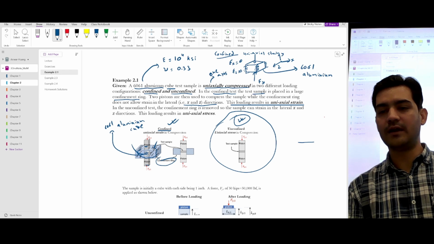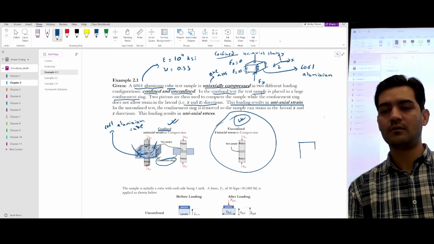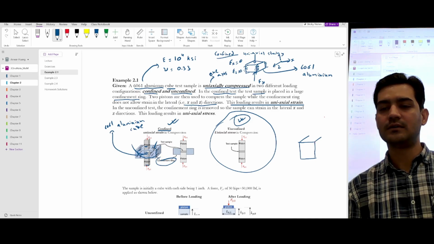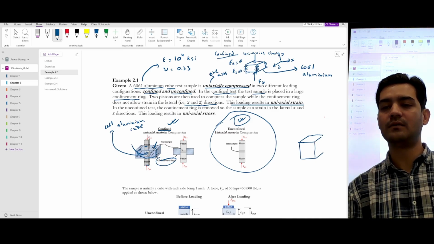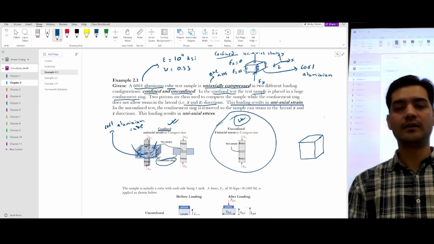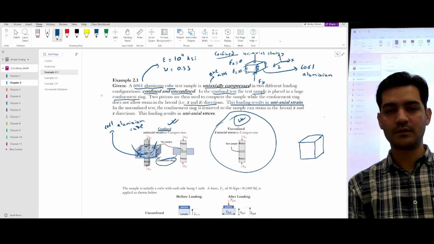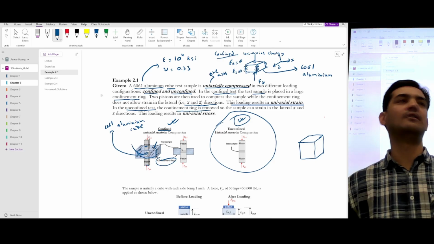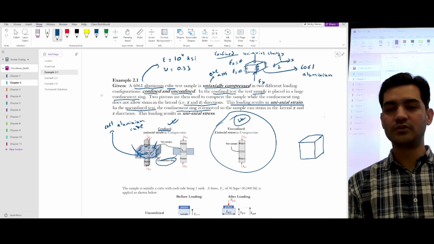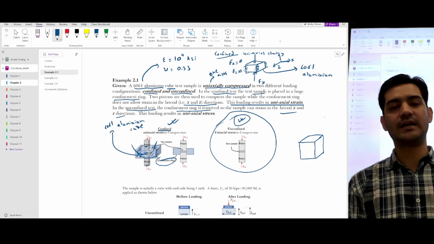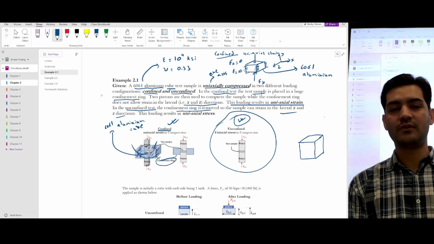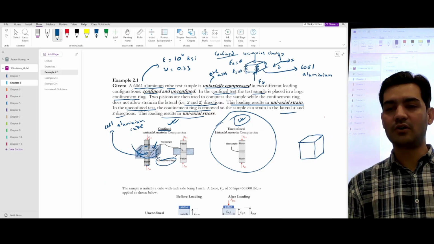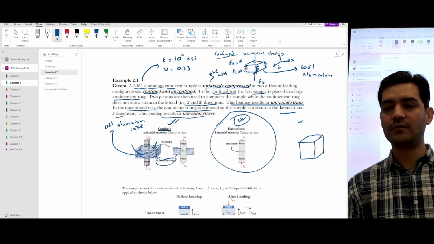So unconfined is basically simpler than the confined. So in unconfined test, a confinement ring is removed. So there is no confinement ring, there is no confinement. So the sample can strain in x direction, z direction. And this is called unconfined.